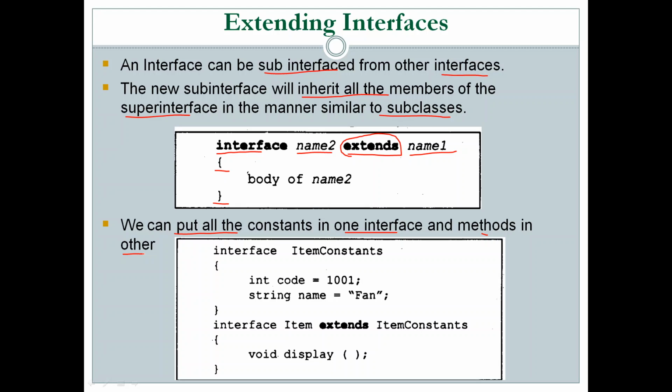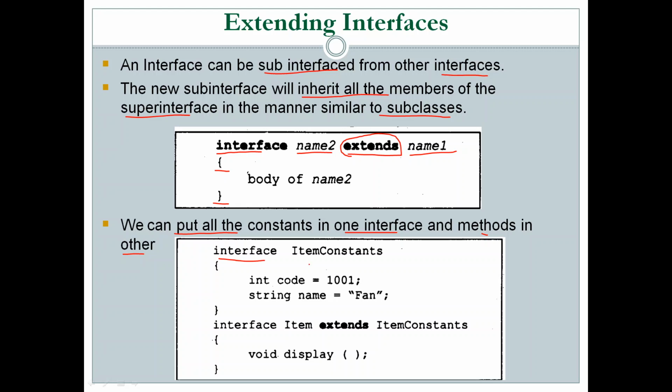So we can include final variables in one interface, and we can declare the abstract methods in another interface. We can separate both, and one interface can inherit the other interface. One example is given here, you can look at this.